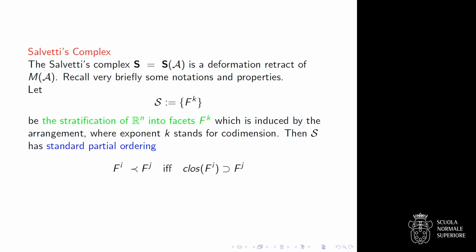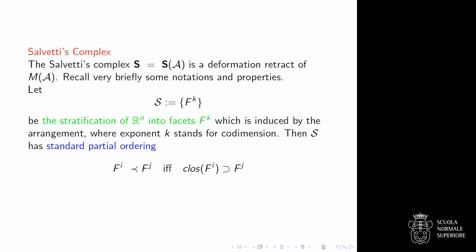Then we have 6 strata of codimension 1, which we can call F^1_0, F^1_1, F^1_2, F^1_3, F^1_4, F^1_5. Those are called facets. And then we have just one facet of codimension 2, this intersection point.